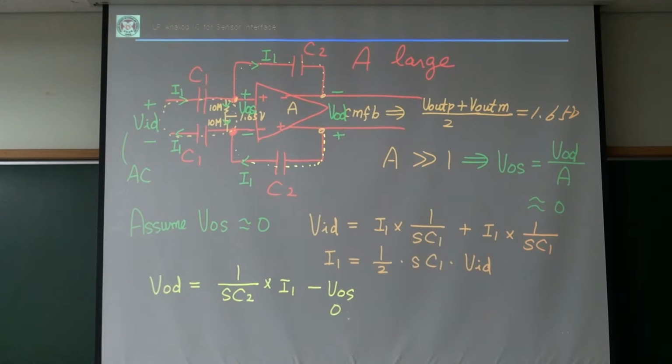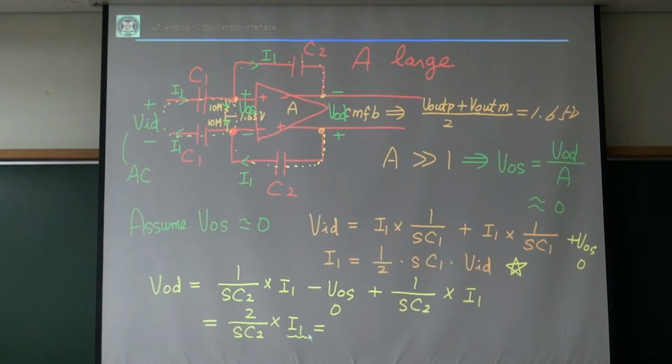Actually, this is 0. There should be another VOS, right? This VOS is set to 0. And then sC2 times twice I1, which if I substitute I1, is C1/C2 times VID. My output voltage is C1 divided by C2 times VID. Okay?